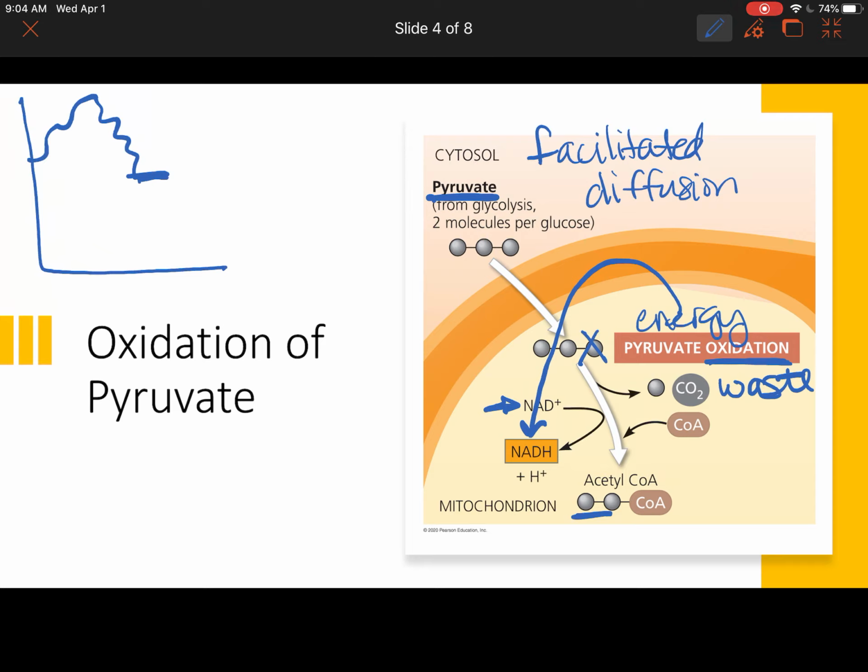Okay, so we've got this 2-carbon group. 2-carbon groups are called acetyl groups. And the last part of pyruvate oxidation is the addition of this chemical group called coenzyme A, or abbreviated CoA. Okay, so you don't have to stress about what that actually looks like. You just need to know that the 2 carbons that were left from pyruvate have a CoA attached to them.